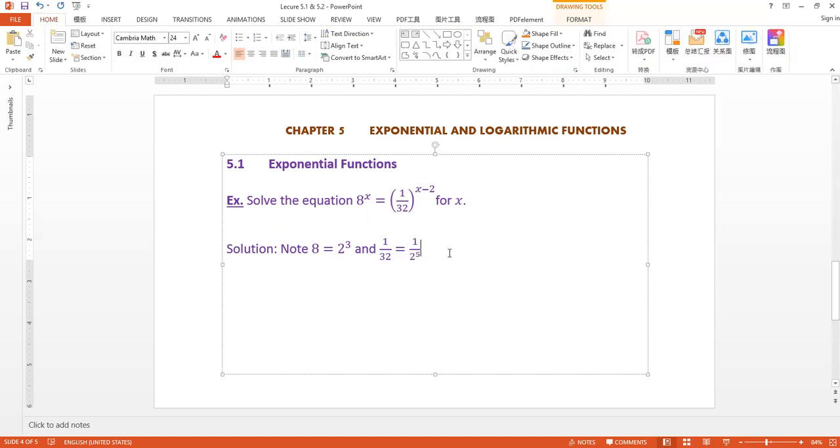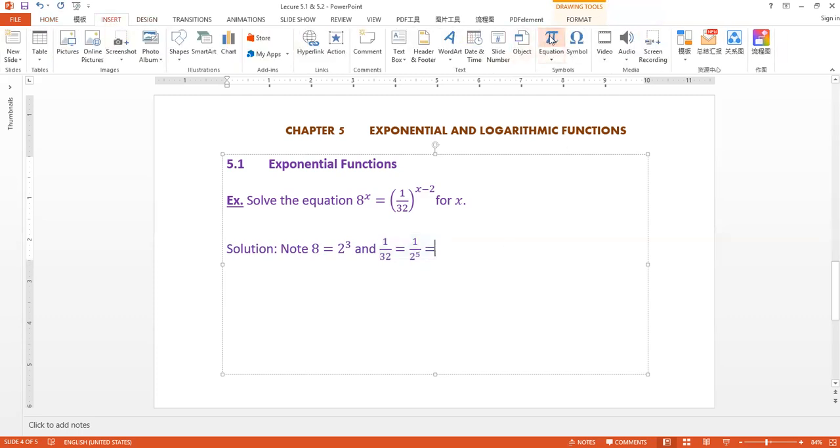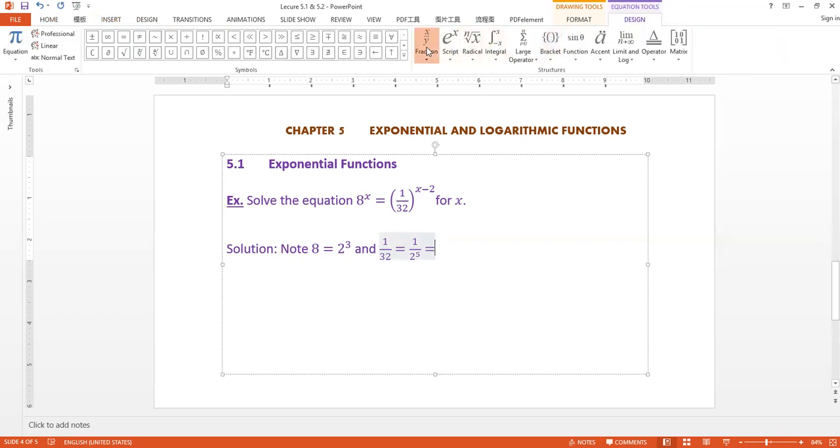All right, and then because the exponential is in the denominator, we can rewrite it as a negative exponent.